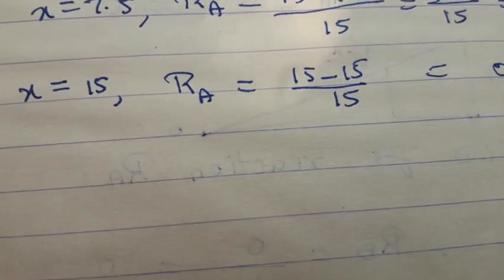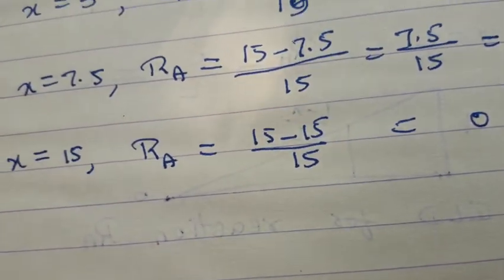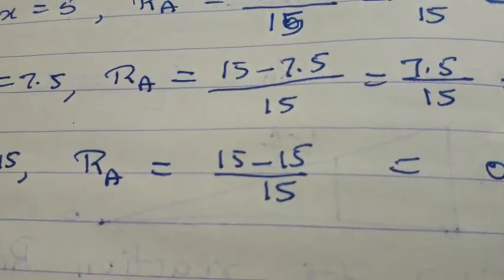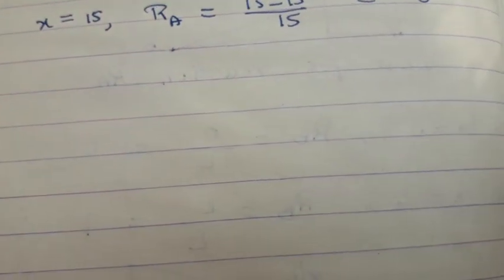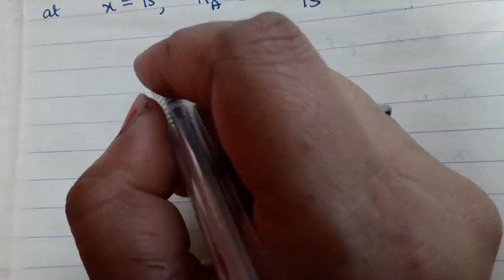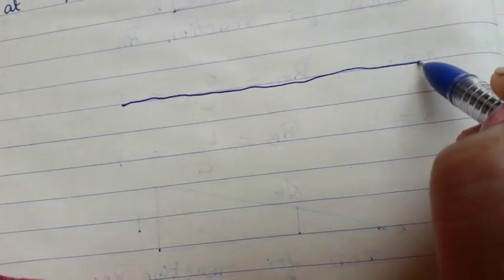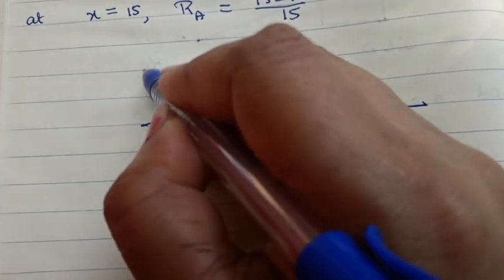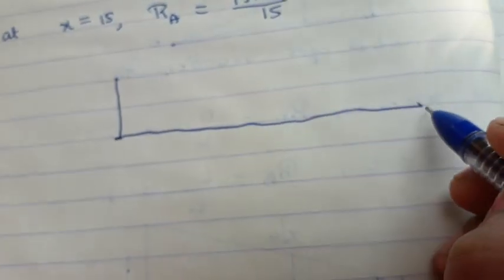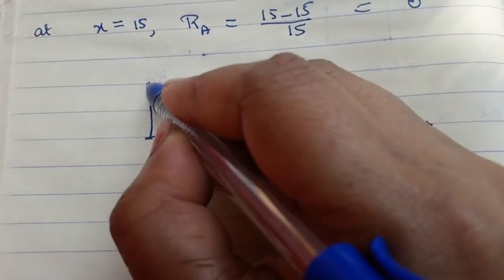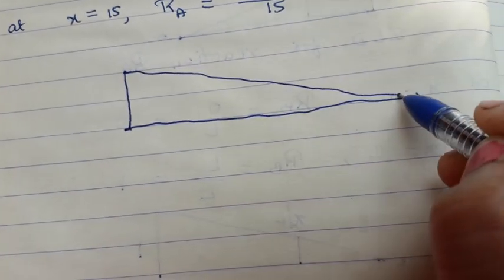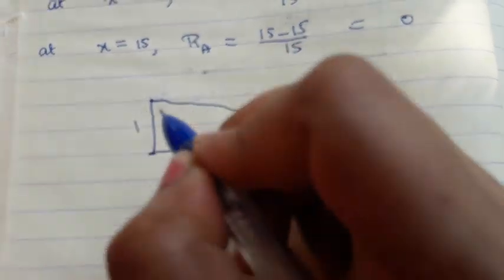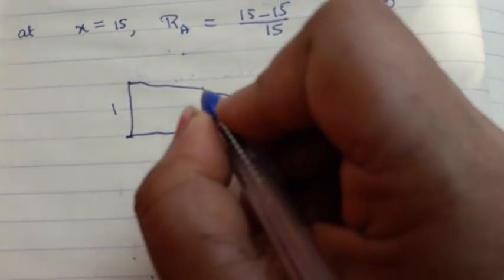So, now we will draw an influence line diagram for this one. We have studied how to draw the influence line diagram. First draw a line here at x is equal to 0, the ordinate is 1, and at x is equal to L, it is 0. So, this is 1, this is 0.